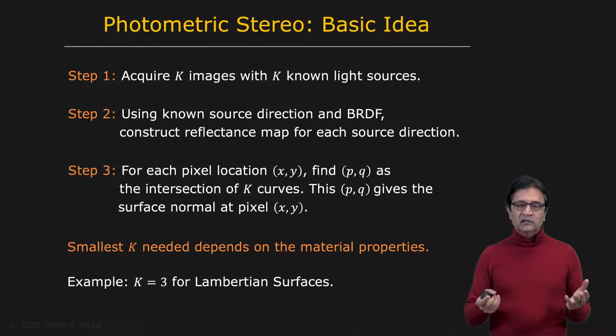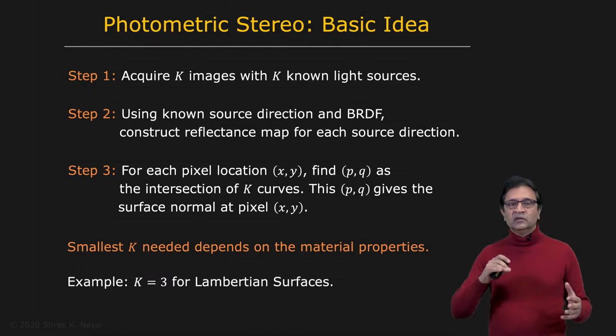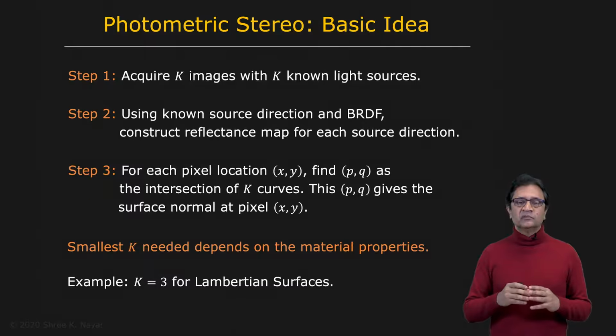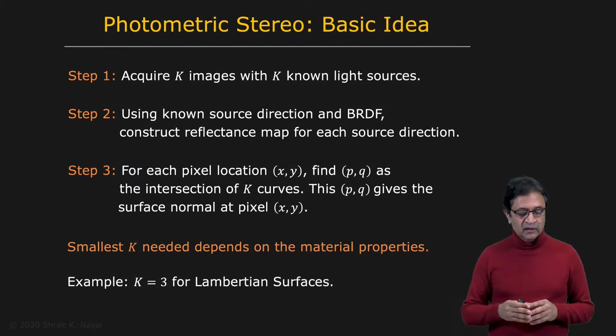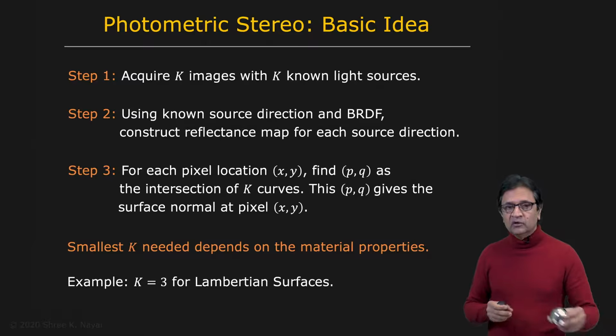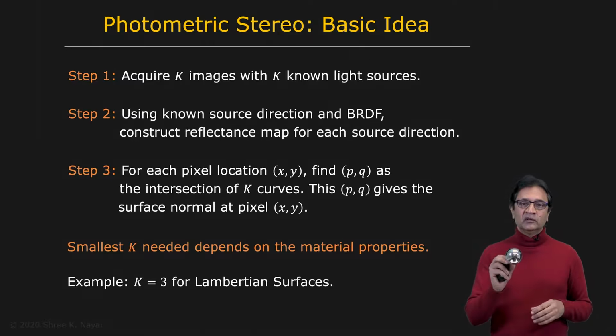But then in general it depends on the complexity of your BRDF. Let's say you were looking at something that had both specular and diffuse components, you may need more. Let's say you were looking at something that is anisotropic, that might make things even more complicated. And the worst case, believe it or not, is the specular, the perfect mirror case.